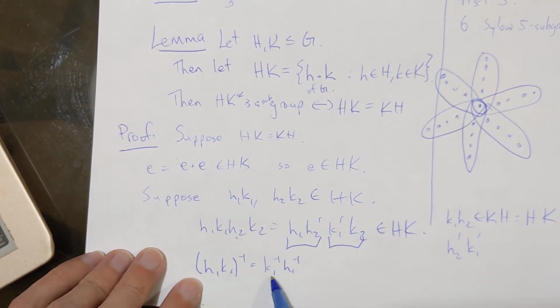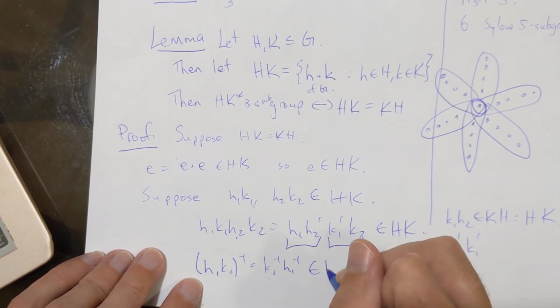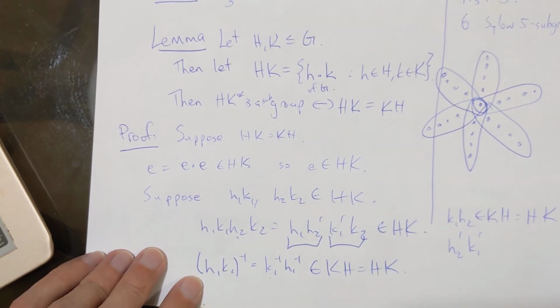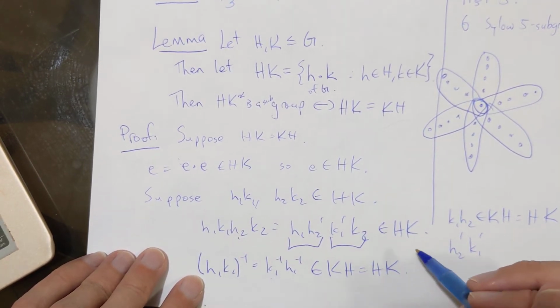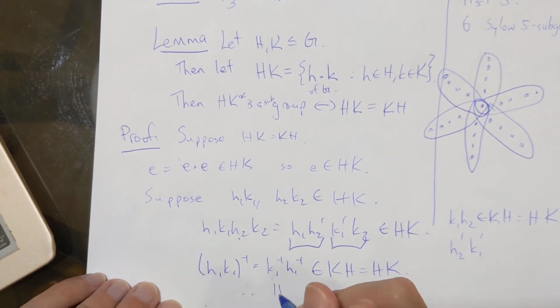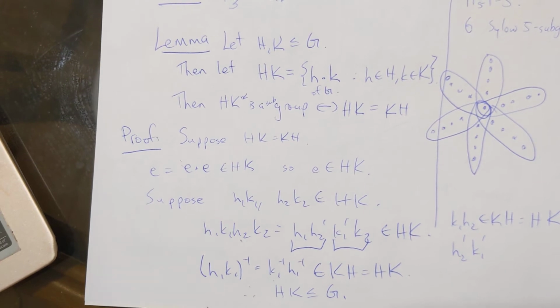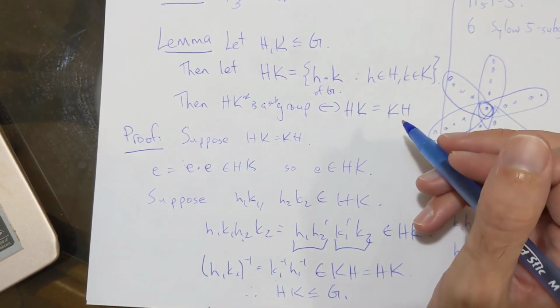This is something in K times something in H, so this is in KH, which is equal to HK. So now our subset has the identity element, and it's closed under products and inverses, so therefore HK is a subgroup of G. Now for the opposite direction, we have to show that HK equals KH.